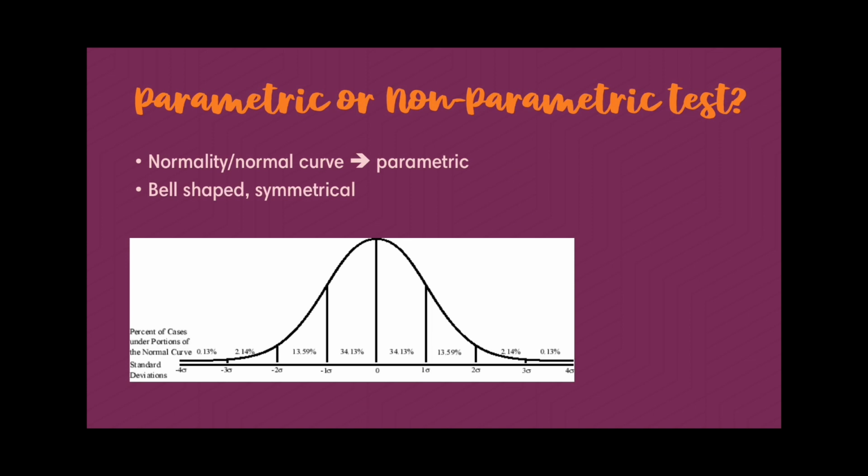So yun ang isa sa pinaka-importante. Kailangan normally distributed siya. Sometimes, more conservative researchers would say that we can only assume normal distribution when the participants or the respondents are collected randomly or are recruited randomly.